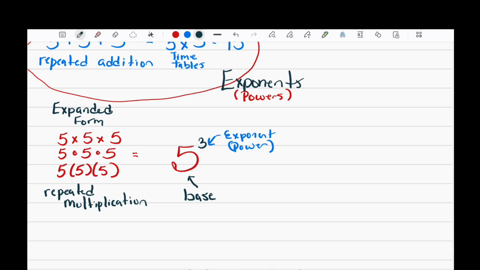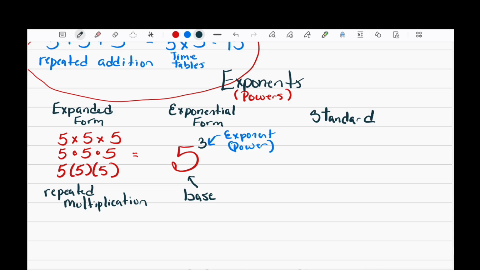When you see the exponent and a base, that's called exponential form. Say exponential. Exponential. That's the exponential form. All right? And then the last form is called standard form.